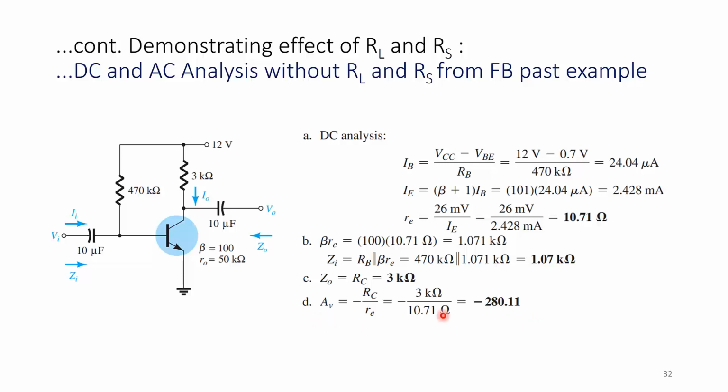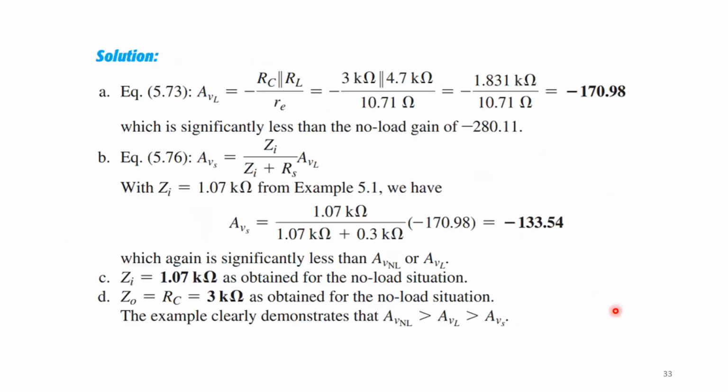I'm not going to go through this, we've gone through this, you can have a look at the previous slides. So the solution is, if we have a load resistance of 4.7 kilo ohms, the gain will be reduced from negative 280 to negative 170.98, and this is significantly less than the no load gain.